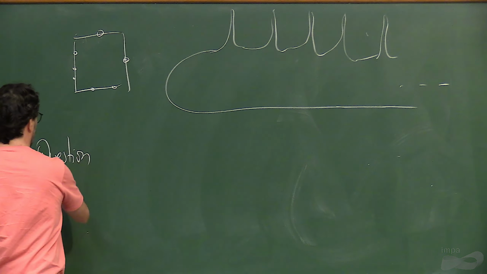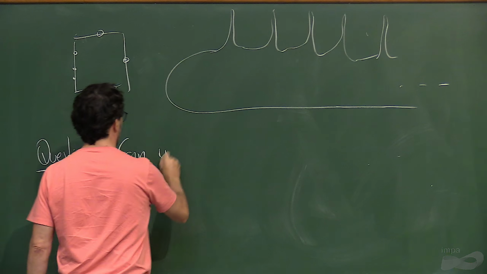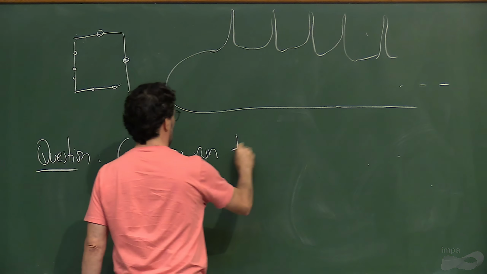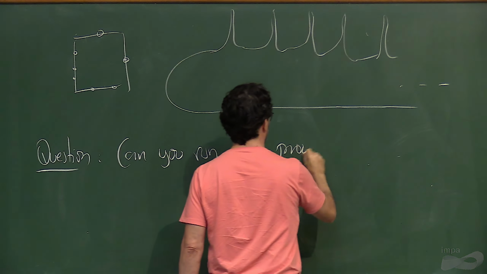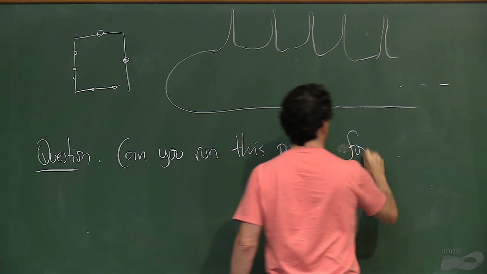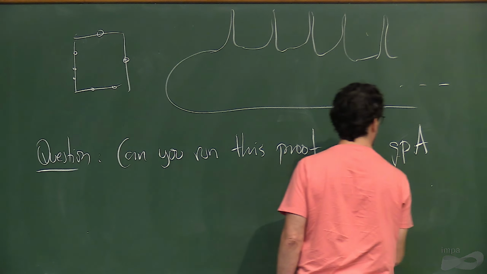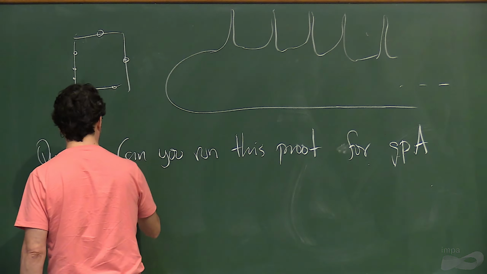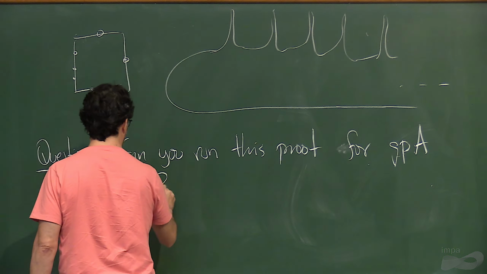can you run this proof for generalized pseudo-Anosov conic flat structures?